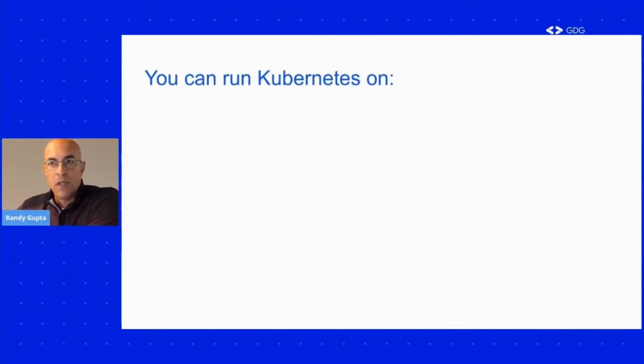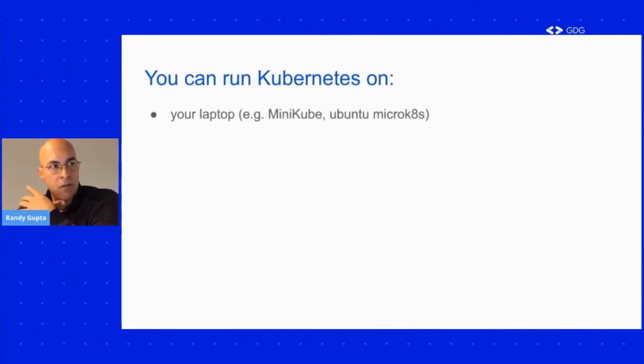What you can do with Kubernetes, as initially said, is container orchestration. But let us first speak more about where you can run it. You can run it on your laptop, for example. Minikube is a good starting point.